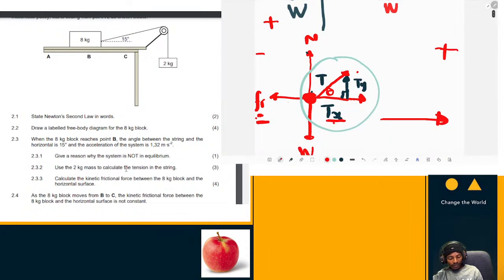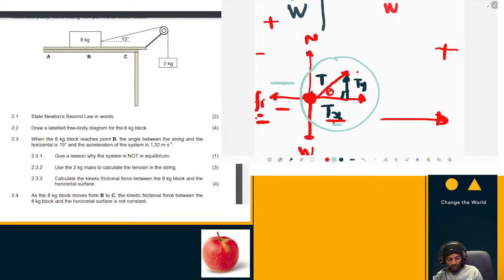So we have this friction over here, which is opposing the motion. Okay, let me use a different color. We have this friction over here and this Tx over here.